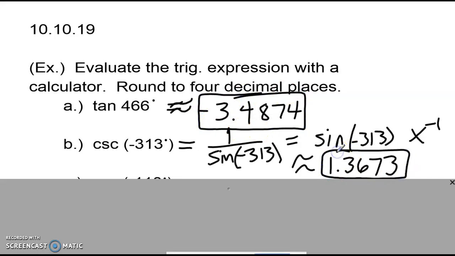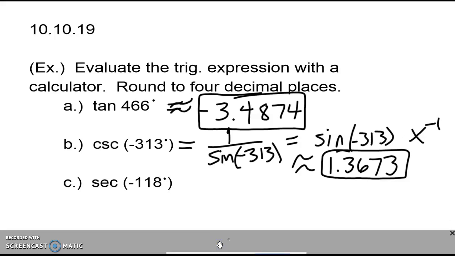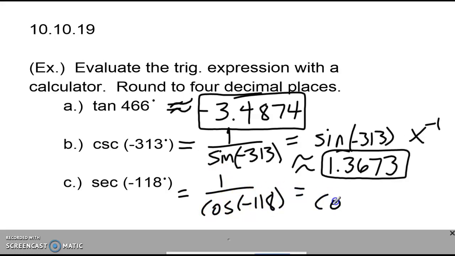For the second, let's do one more. We want to find the secant of negative 118 degrees. Again, 2 ways we could do this problem. You know that secant's a reciprocal of cosine, so we could go 1 over cosine of negative 118. Or we could do cosine of negative 118.